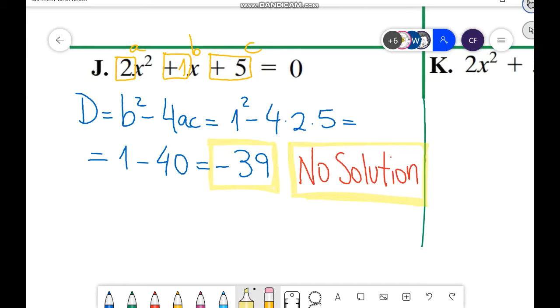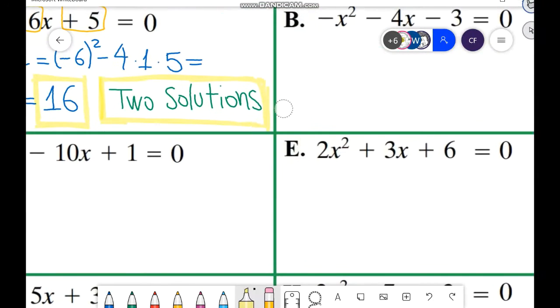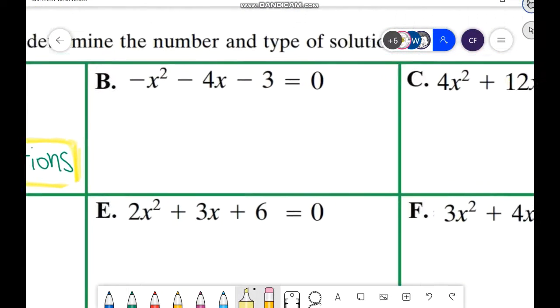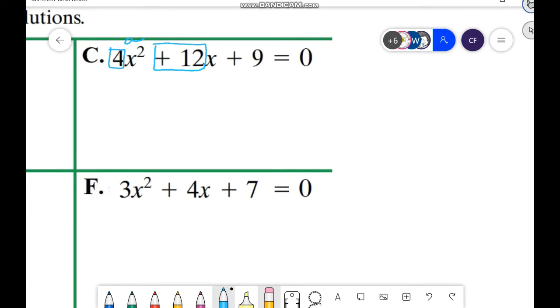If the discriminant is 0, you will have only 1 solution. Now let's go back to letter C, and I will show what happens, because I think for letter C, the discriminant is going to be 0. A is 4, B is positive 12, and C is positive 9.